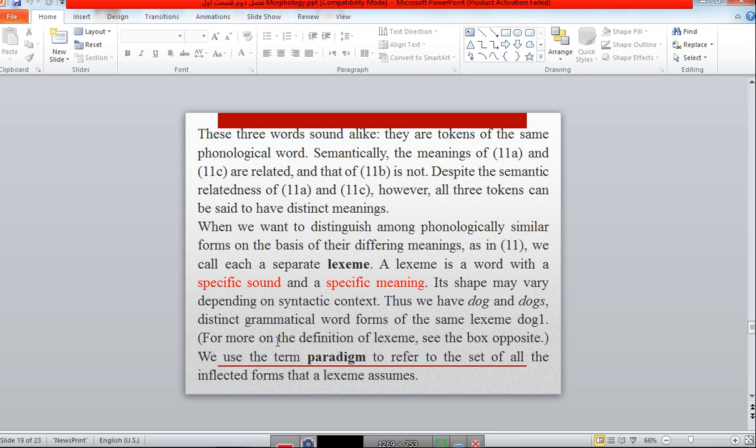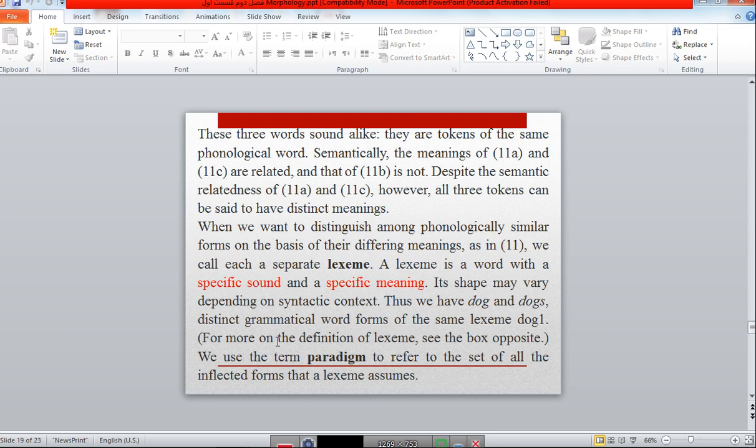Because it stands outside any syntactic context beyond the one for which it is lexically specified or subcategorized, it is inherently unspecified for categories that are determined by context and expressed through inflection.